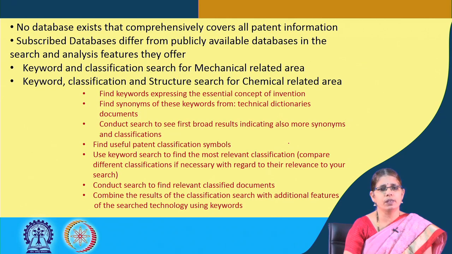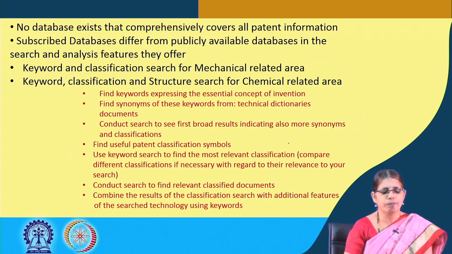We have understood the aspects of keyword and classification search in relation to the mechanical area, taking the switchgear example. We have also conducted the search in relation to the chemical area by understanding the aspects of keyword, classification and the structure search. So, to summarize it, finding the keywords which define the essential concept of the invention is important.